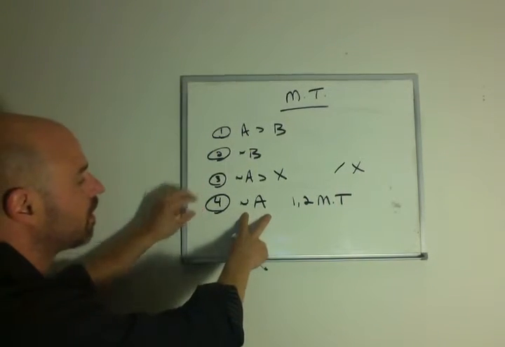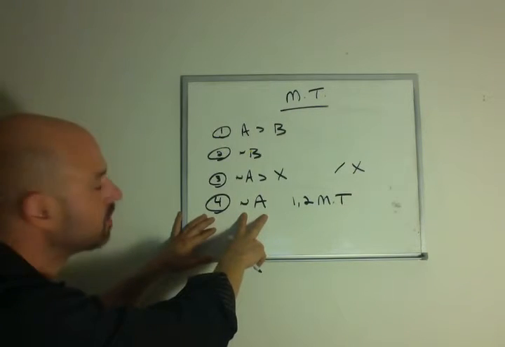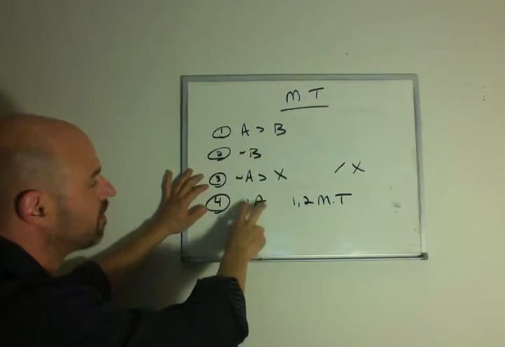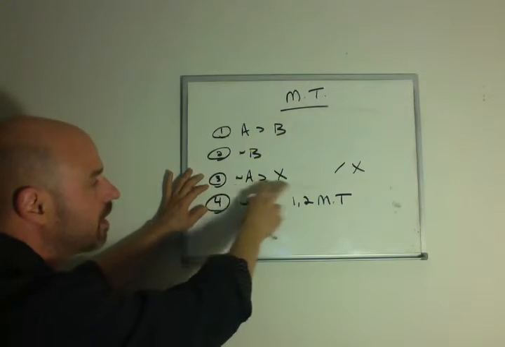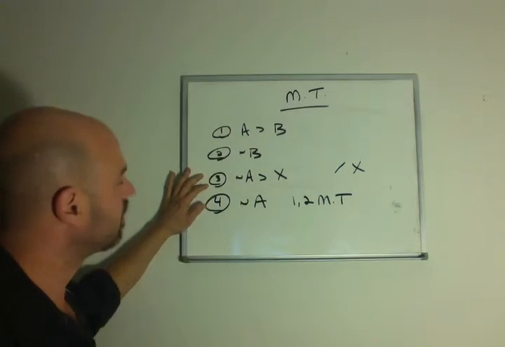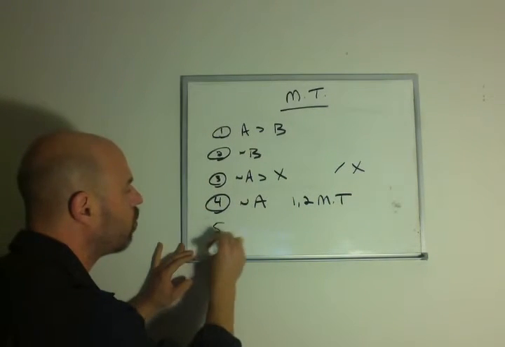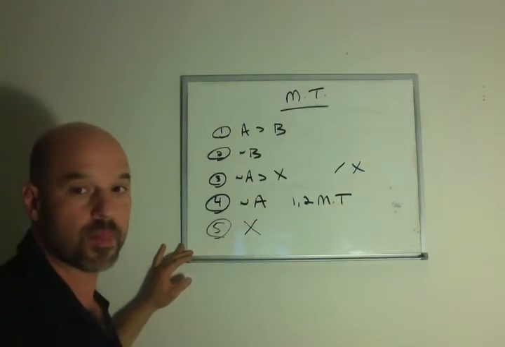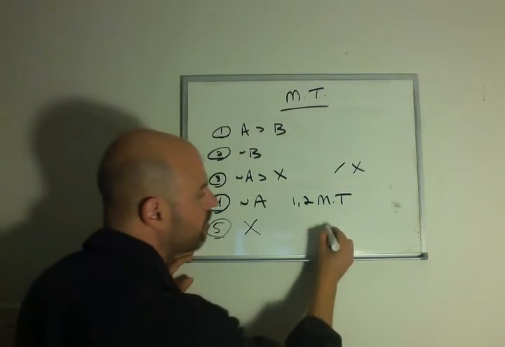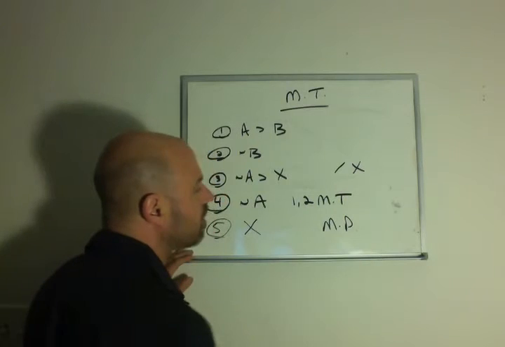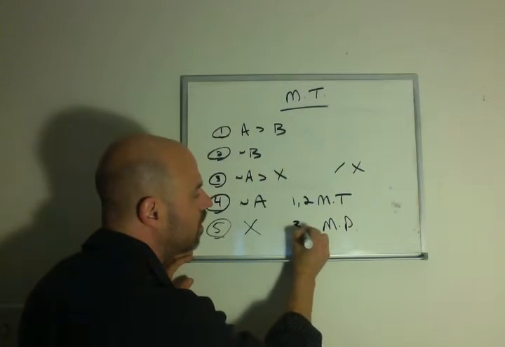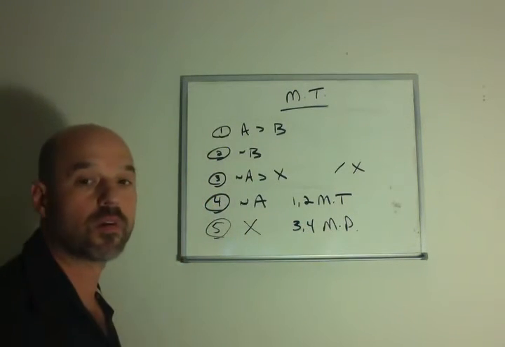Line 4 tells us that A is not the case. Line 3 tells us if we have not A, then we are entitled to say X. So sure enough, we are entitled to say X. Why? Because of our first rule, modus ponens, now on lines 3 and 4.